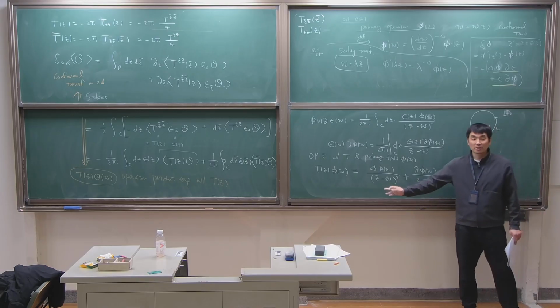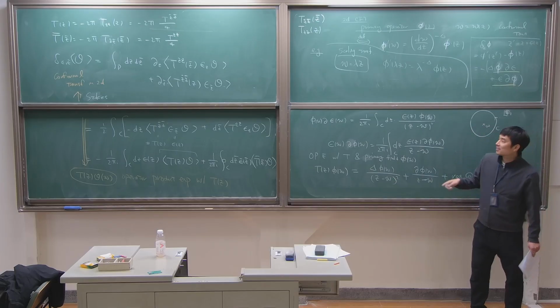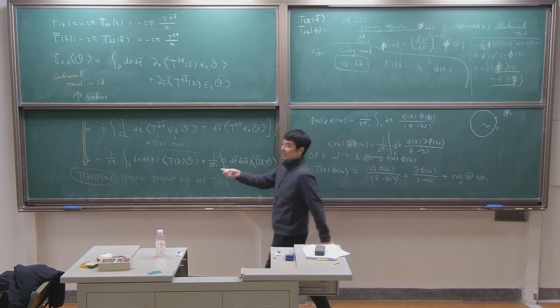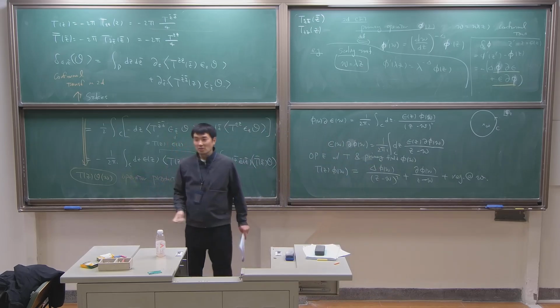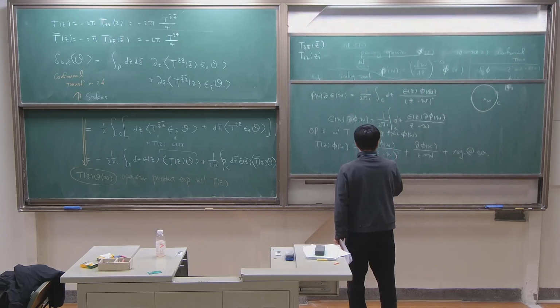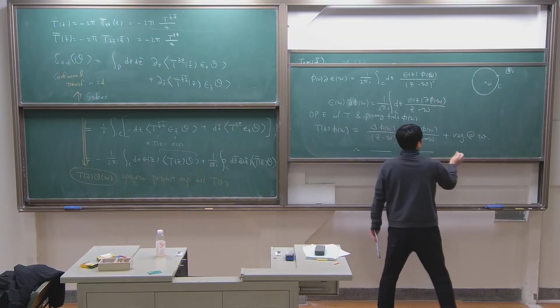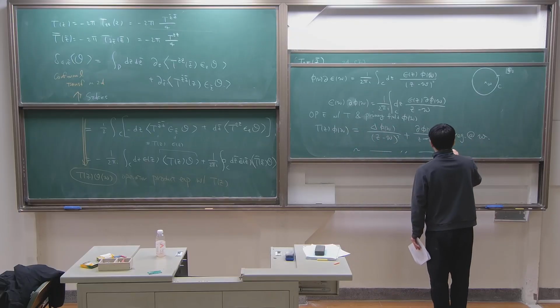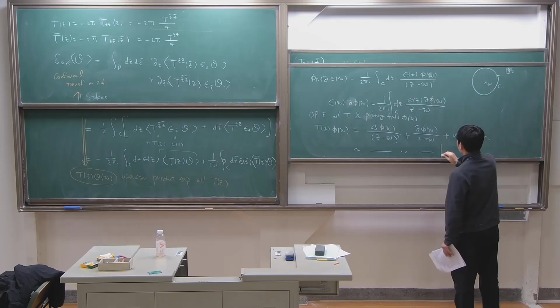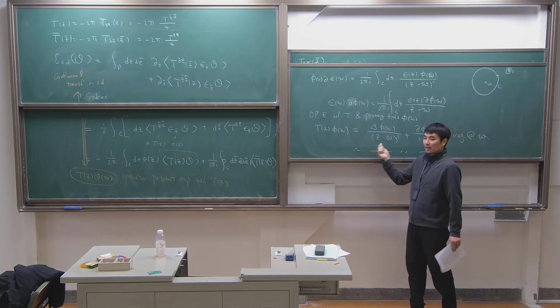We only consider the singular term because we just consider the contour integral in the Ward-Takahashi identity this way. So therefore, often people just write this one and ignore the regular term.